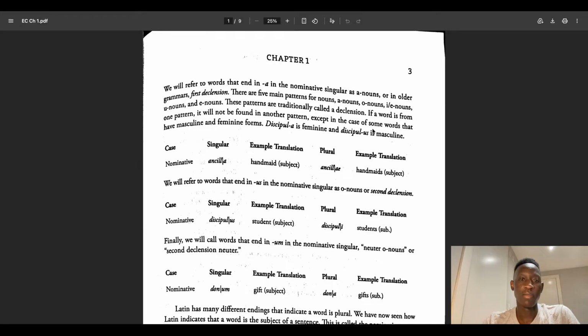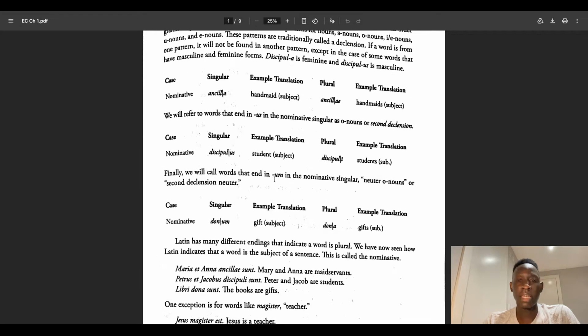If a word is from one pattern, it will not be found in another pattern, except in the case of some words that have masculine and feminine forms. Discipula is feminine and discipulus is masculine. So the case where nominative will be ancilla, handmaid, or ancillae, handmaids.